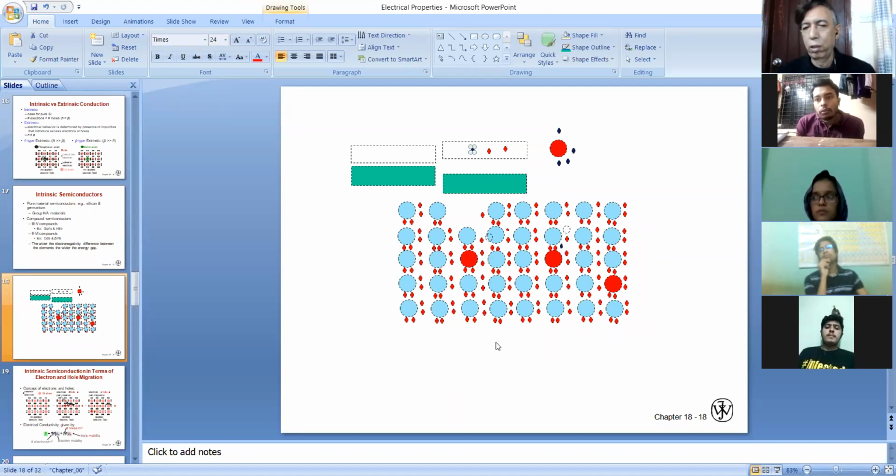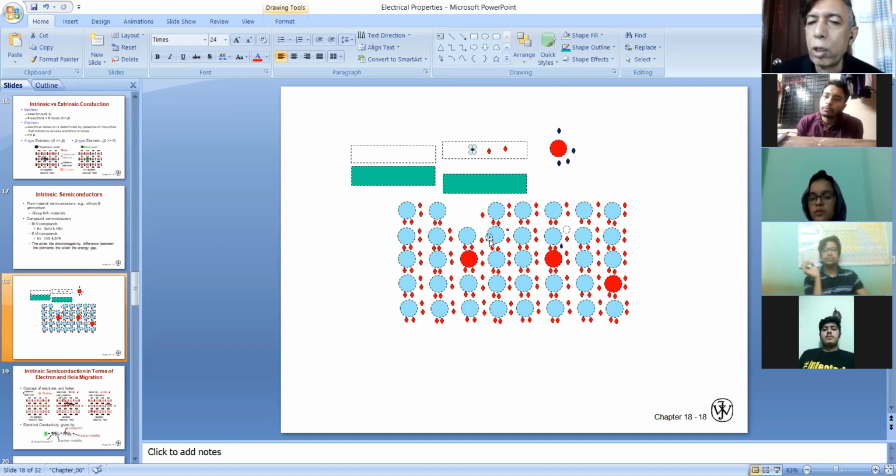And from here and from here, two electrons transited from valence band to conduction band with 1.1 electron volt energy. So we can get 5 electrons here and 2 holes here.